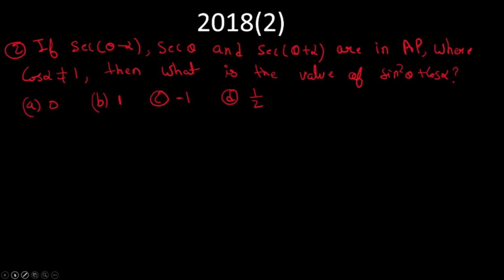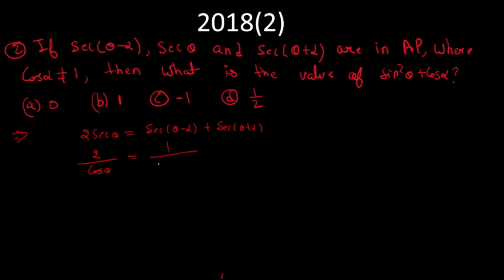Next, what we did here: we write 2 sec theta equal to sec(theta minus alpha) plus sec(theta plus alpha), and then we change sec theta into 1 upon cos theta.